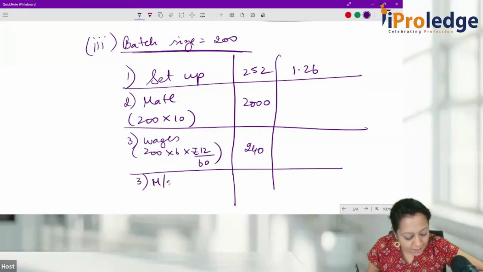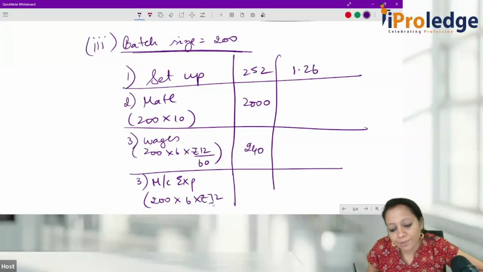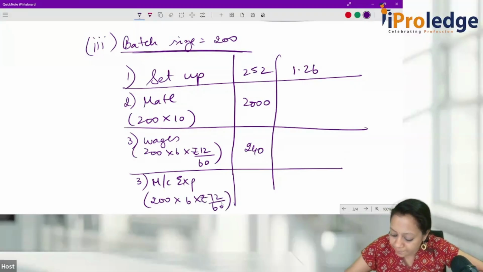Third one is machine expenses. That is going to be 200 into 6 into rupees 72 divided by 60. 1440.